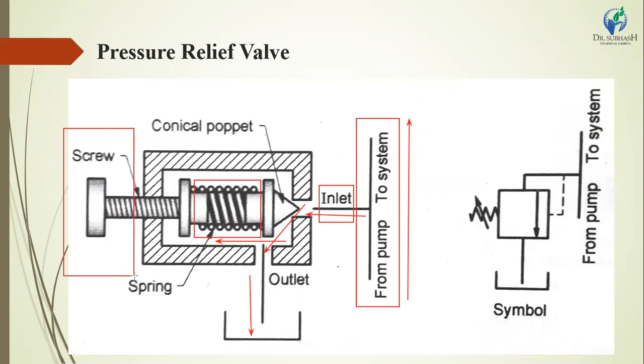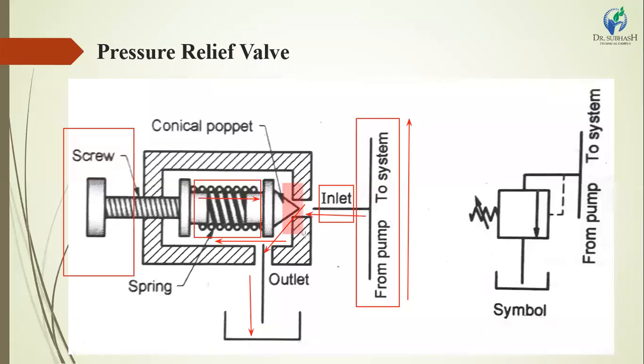When the pressure at the inlet increases above the preset limit, the conical poppet moves in this arrow direction. When the pressure of the hydraulic system comes to the maintained or preset level, this spring gives a return force to the conical poppet, and this portion is closed.